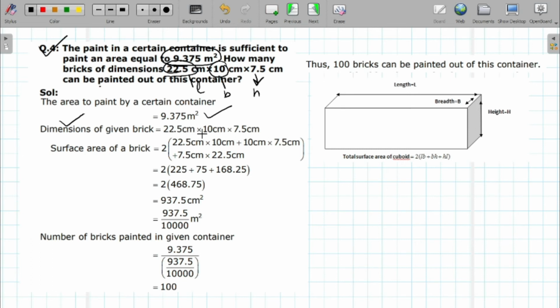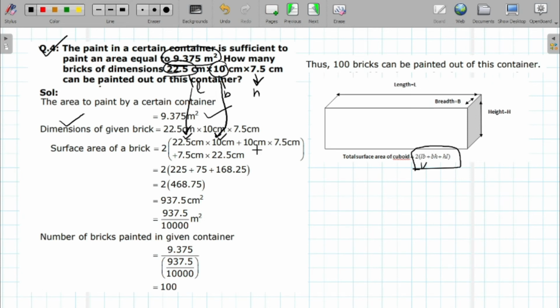So taking them as length, breadth and height, the surface area of the brick, surface area is 2 times this one. This one is the total surface area. Okay. So using L into B, so this is L and this is B, this one and this one.